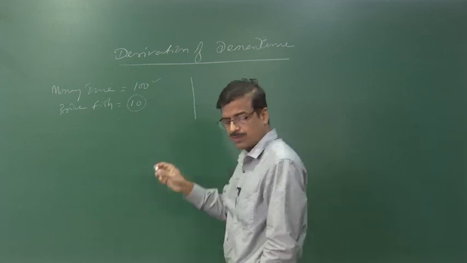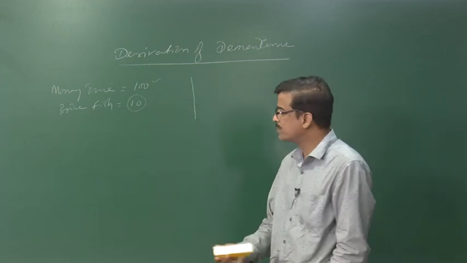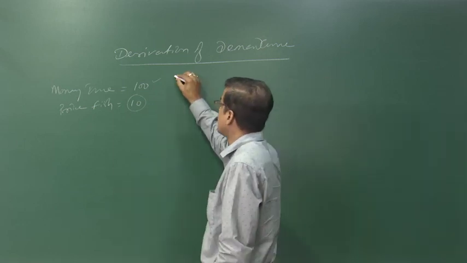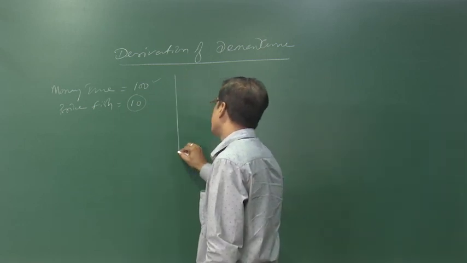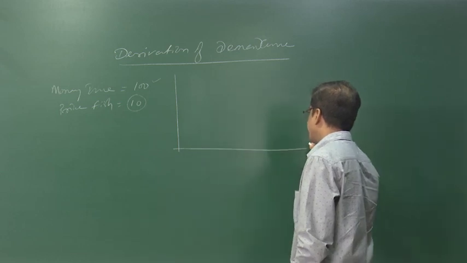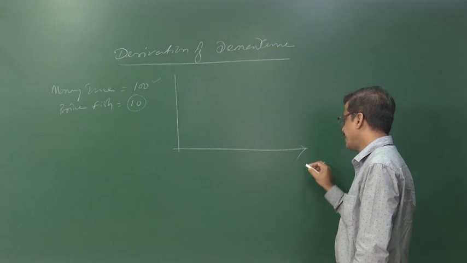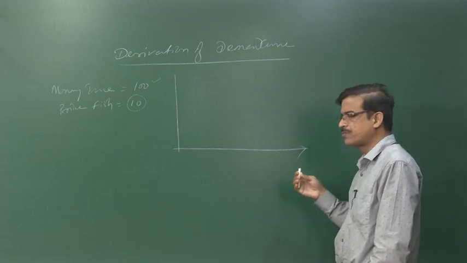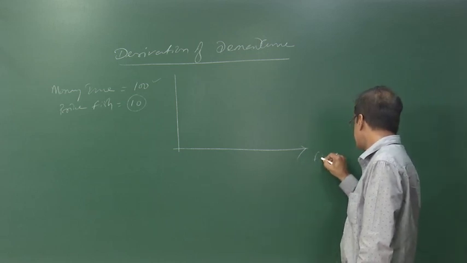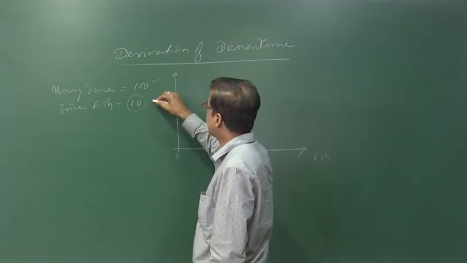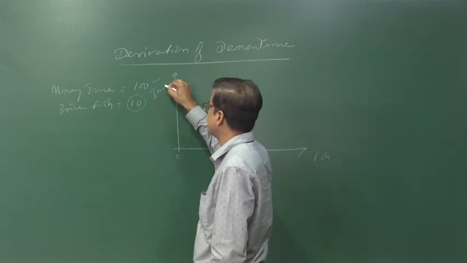Now, we have to plot that particular concept with the help of a budget constraint, or the price line. Let us say on the horizontal axis we take the amount of fish demanded, and on the vertical axis we take the income of the consumer.